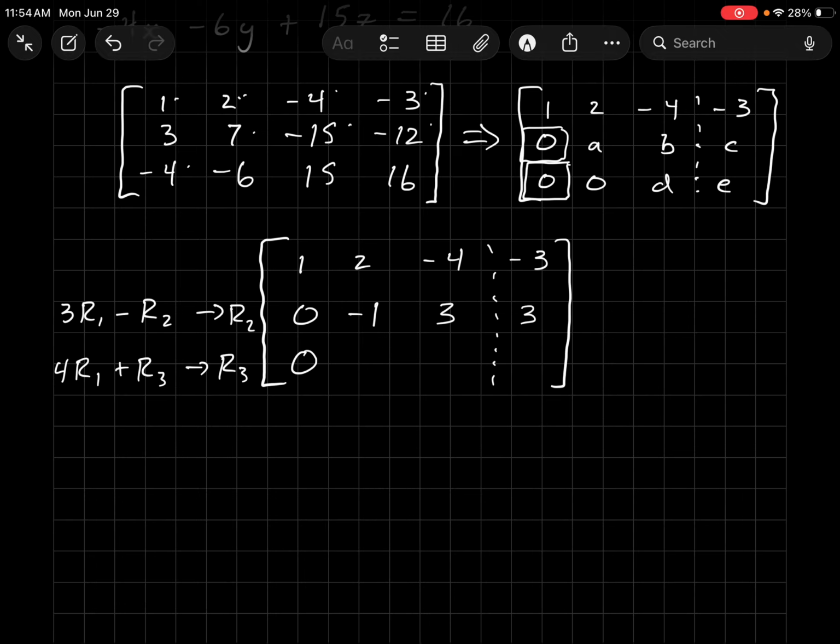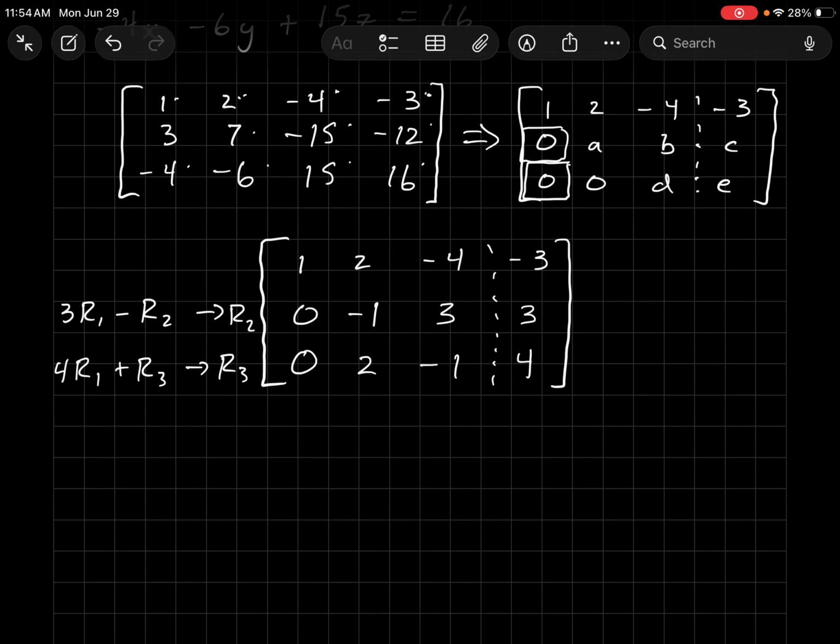Now let's do 4 times 2 plus negative 6 gives me a 2. 4 times negative 4 plus 15 gives me a negative 1. And then 4 times negative 3 plus 16 gives me a positive 4. So I have my first two zeros.